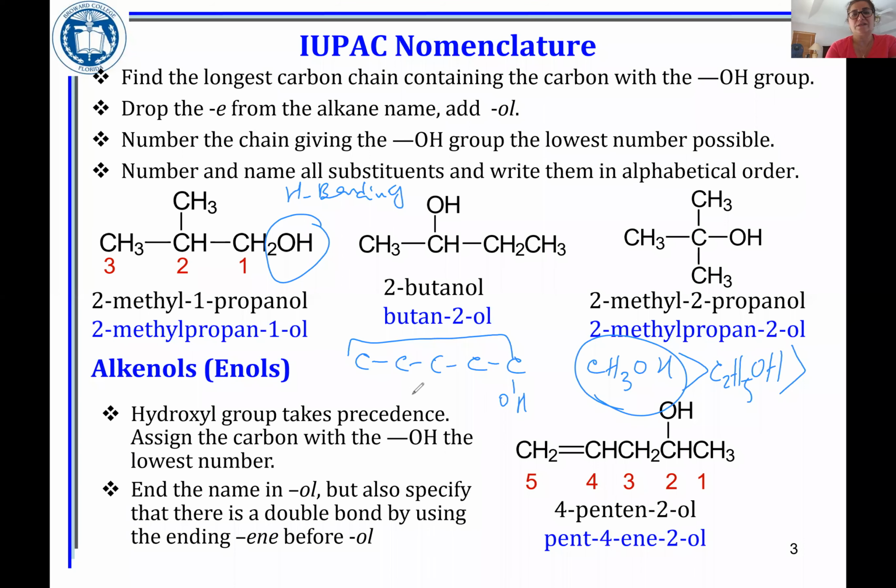Why is solubility decreasing? Because when you look at the molecule of alcohol, you have a polar head, a polar side, and then a non-polar tail. Your molecule has two sides.